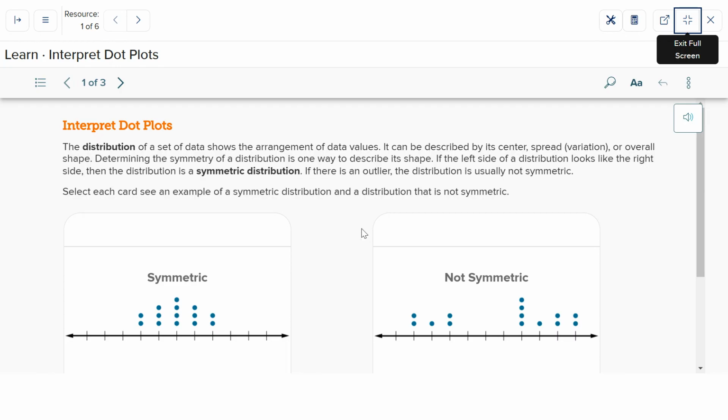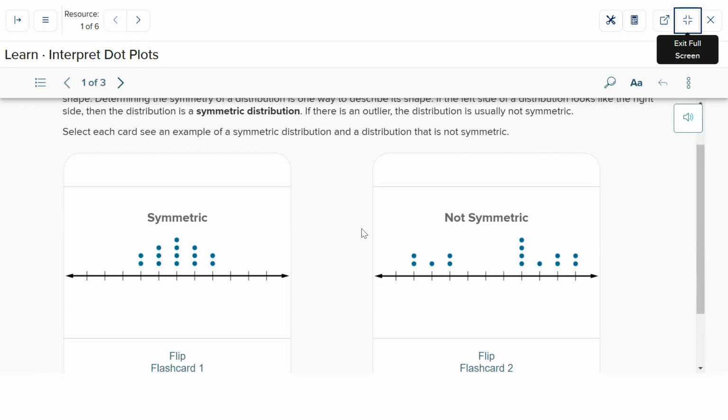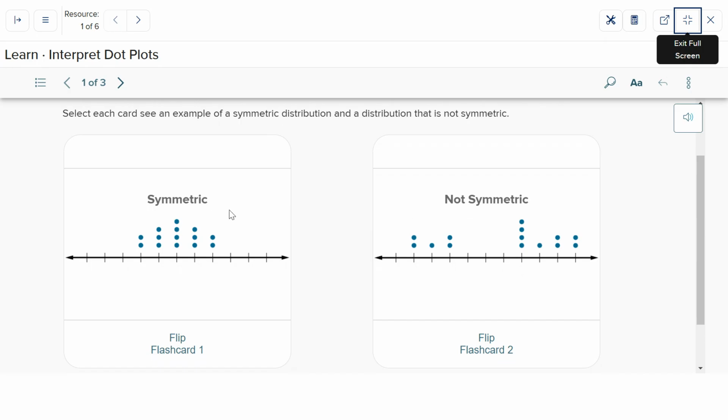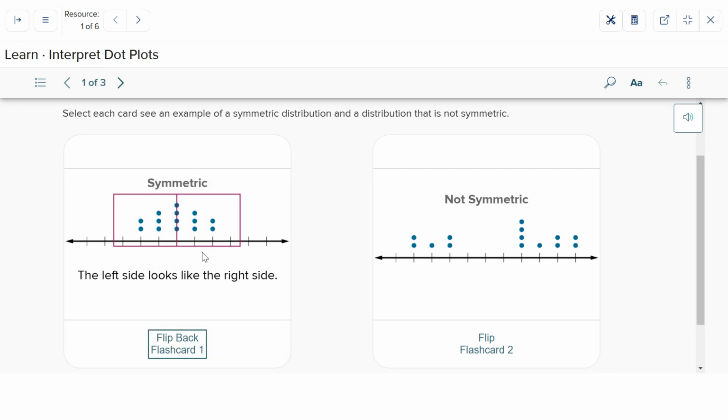So we're going to look at these examples here. In these two dot plots, on the left here we have a symmetric dot plot because, as you can see, it's 2, 3, 4, and then if you go from this way, it's 2, 3, 4. It makes a shape that if you put a mirror in the middle, it would look the same. This is symmetric because the left side looks like the right side.